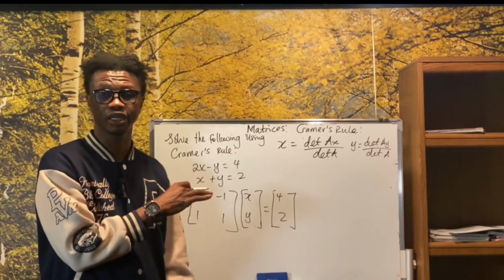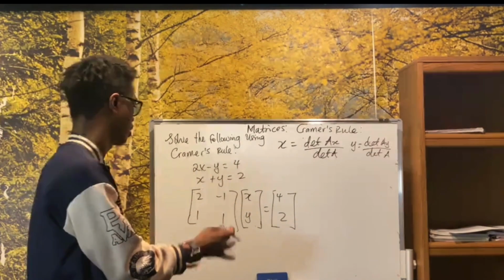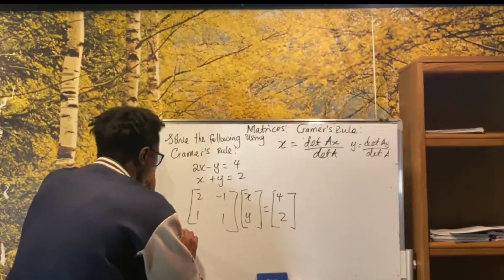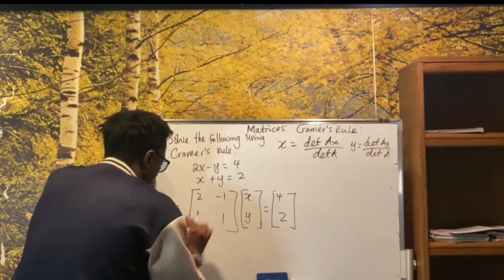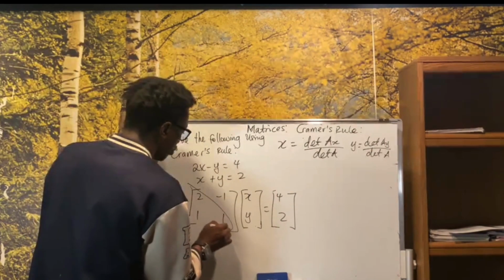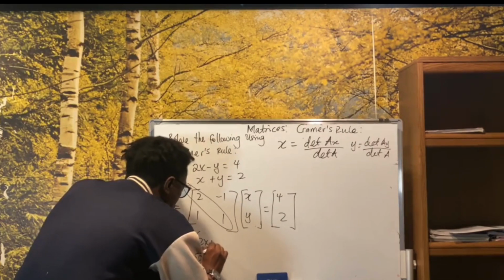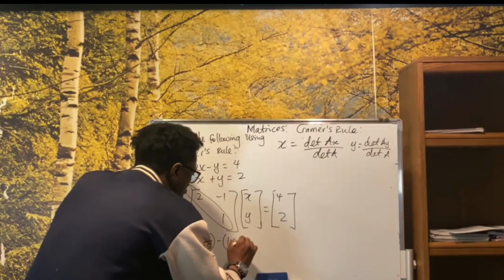So you are going to take a letter to be the whole of this matrix. So if the letter, let's just use A for this example. So if A is equal to just this, the determinant of that is going to be, what did I say? The product of this diagonal, so that's going to be 2 times 1 minus this 1 times -1.